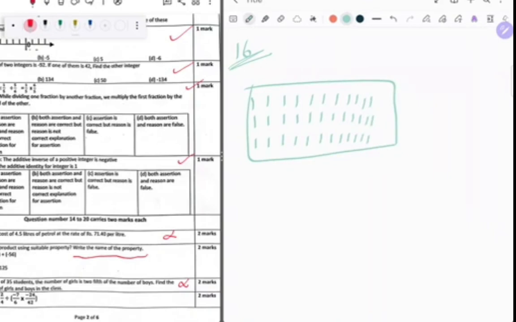The number of girls is 2/5 of the number of the boys. So the number of the girls is 2/5 the number of boys.